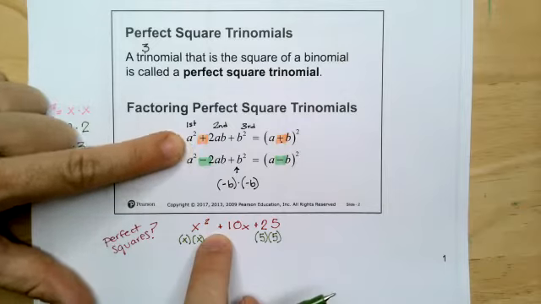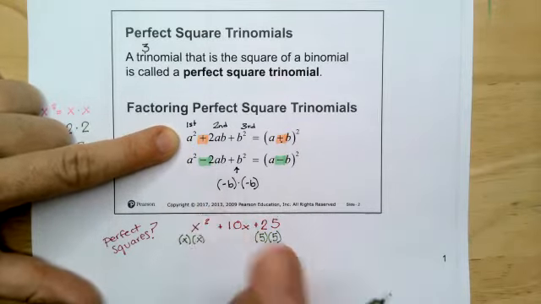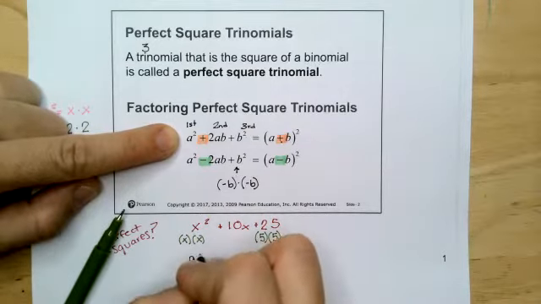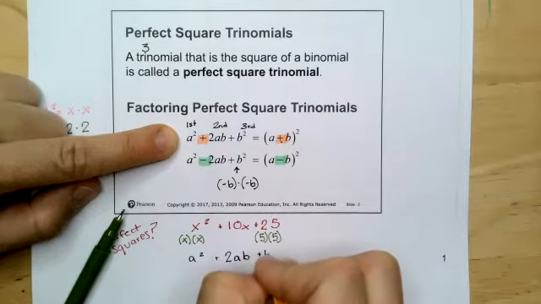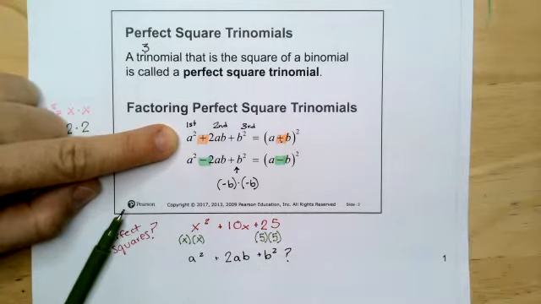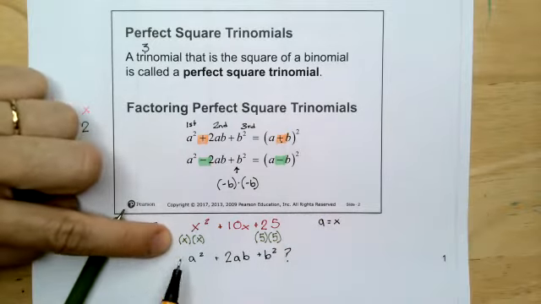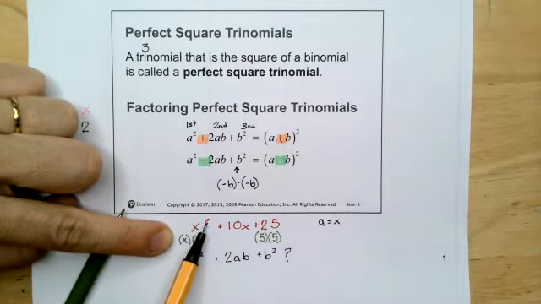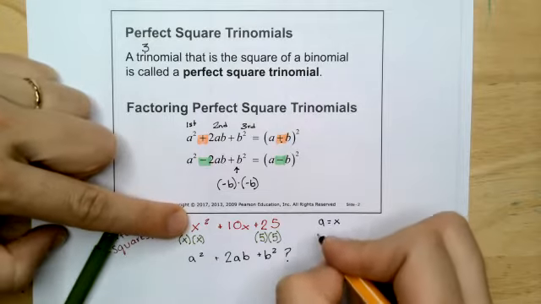So we have found that since this is plus, I'm going to call it this, okay? So I see x squared plus 10x plus 25. Is it the same as a squared plus 2 times a times b plus b squared, right? If so, that means a is x, because x squared is a squared, so a is just x.